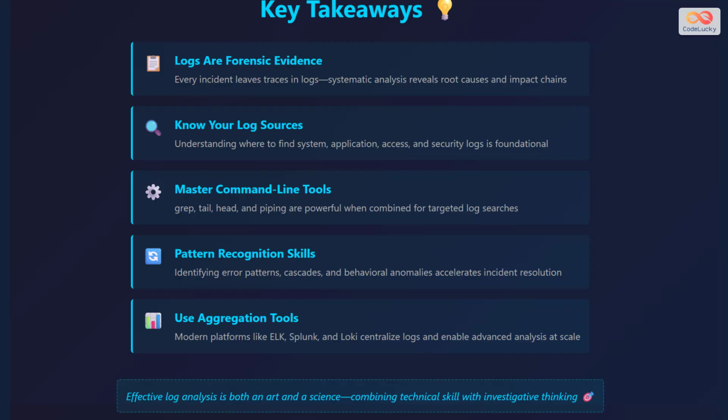Develop pattern recognition skills. Identifying error patterns, cascades, and behavioral anomalies significantly accelerates incident resolution. Use aggregation tools. Modern platforms centralize logs and enable advanced analysis at scale. Effective log analysis combines technical skill with investigative thinking. Practice these techniques, and you'll become proficient at troubleshooting production incidents.